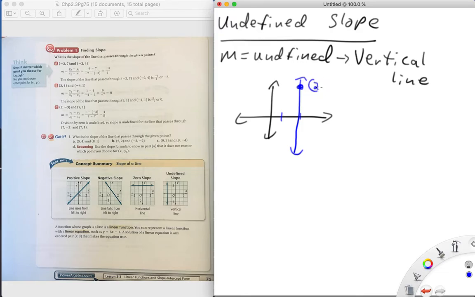So it's going to be (2, y1), (2, y2), (2, y3). The x coordinate never changes on a vertical line. So when we write this as an equation, we say x equals 2. And again, left to right.